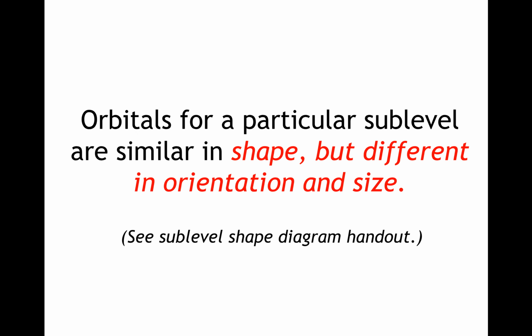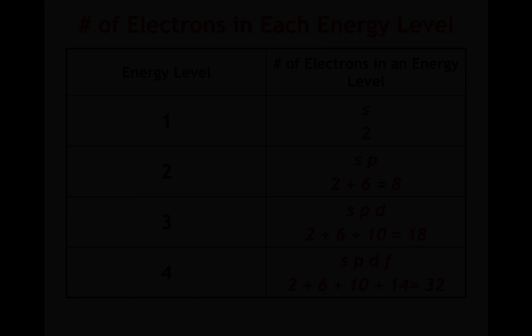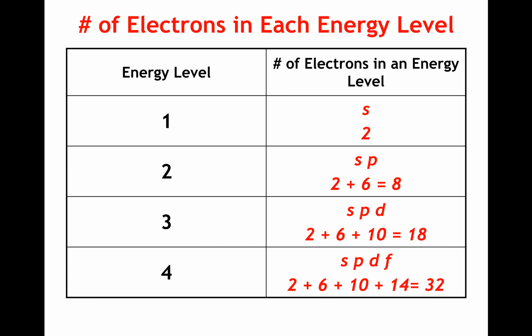Orbitals for a particular sublevel are similar in shape, but different in orientation and size. I'm going to give you a handout, not today, but tomorrow, that you'll see the different 3D shapes. So the number of electrons in each energy level is basically, in the first we have 2. In the second energy level we have S and P orbitals, giving us 2 plus 6, which equals 8.